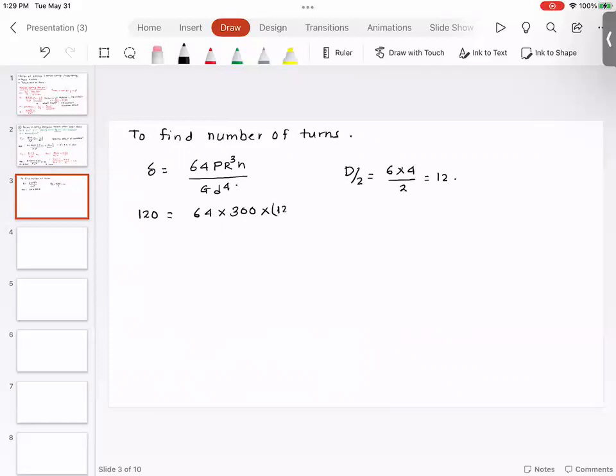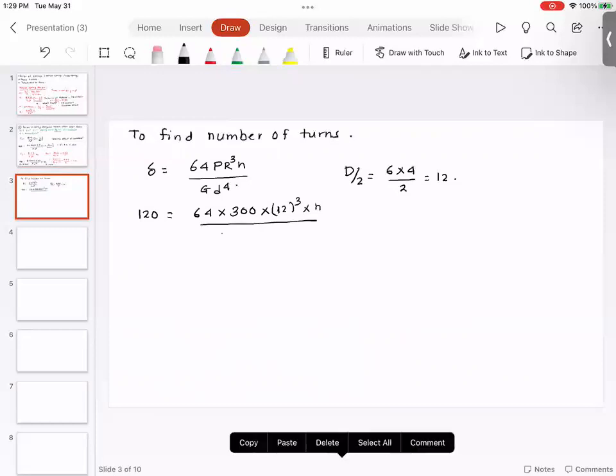So 12 cube times N divided by 84,000 multiplied by d, which is 4. And from here you should get the value of N. And my answer is 78 turns.